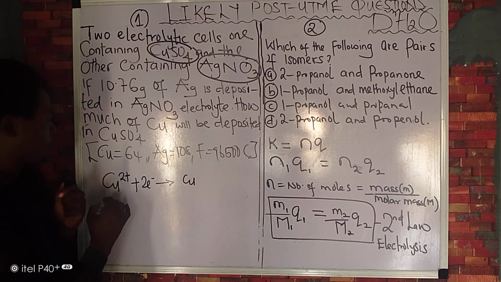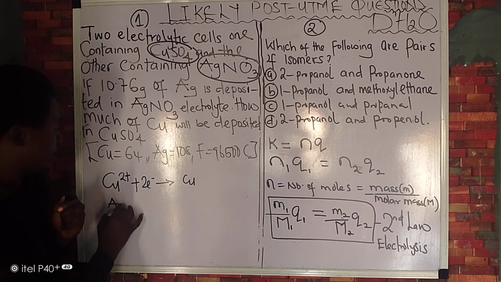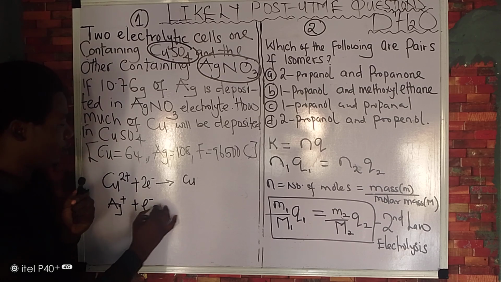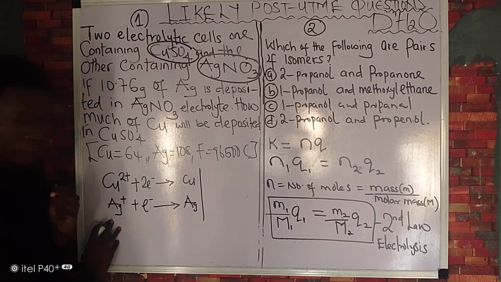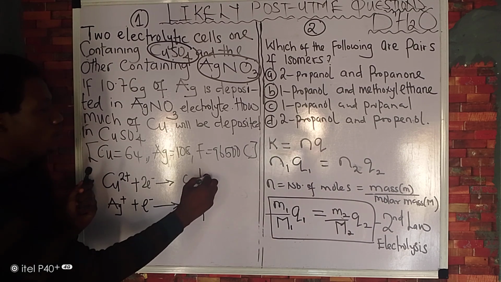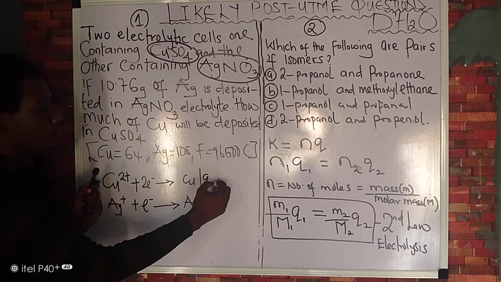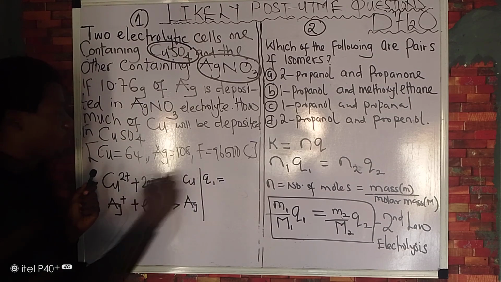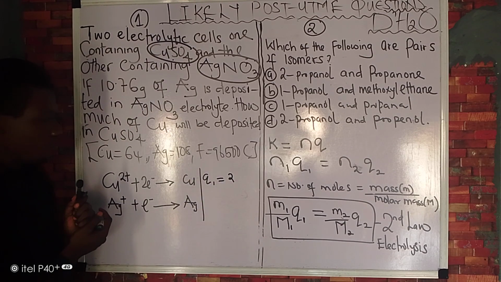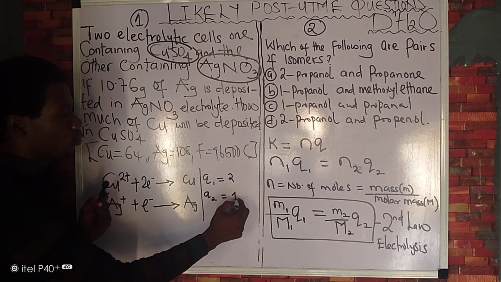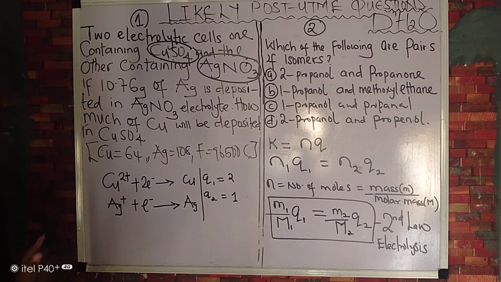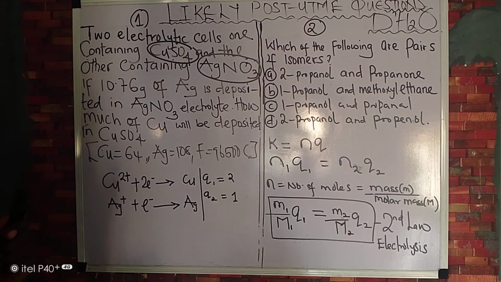Silver has an oxidation state of +1, so you need 1 electron to deposit silver. From the equation given, the charge for copper, the first one, CuSO4, Q1 is equal to 2. Then Q2 is equal to 1.